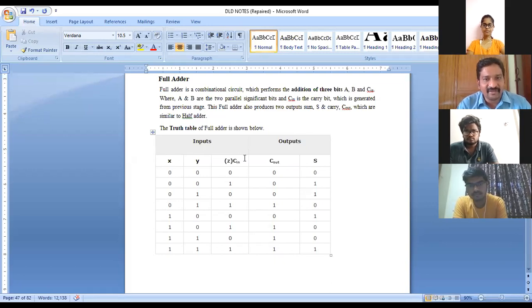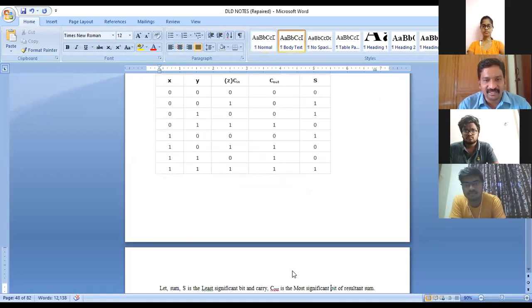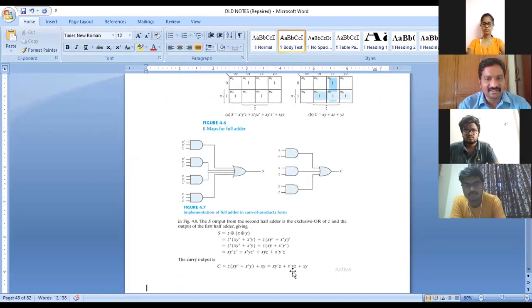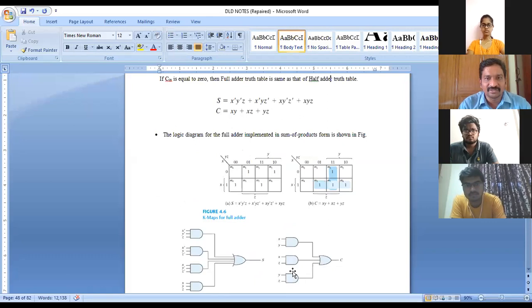So now for 3 variable inputs, we calculated the outputs. Now we are designing a full adder logical circuit. So how are we designing a full adder logical circuit?